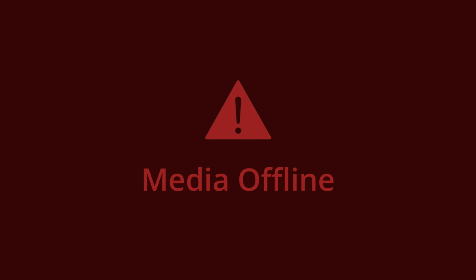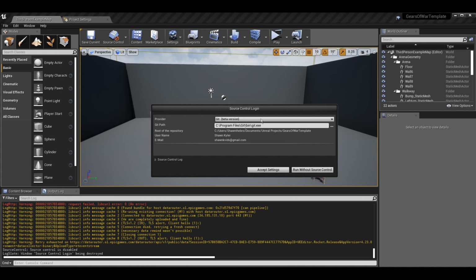So if you're interested in downloading it at the end and you don't want to code it for yourself, that is okay. You can end up playing the end result. Also, you can take my files and modify them to fit your own needs. So we're going to pick Git. It says beta version, but that's actually okay. And then I've already entered my information here.